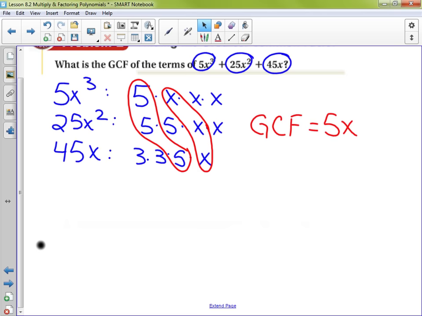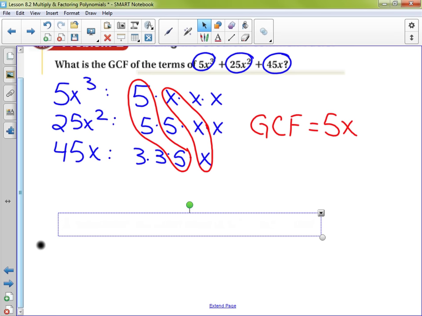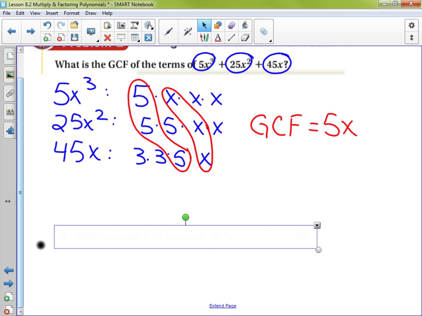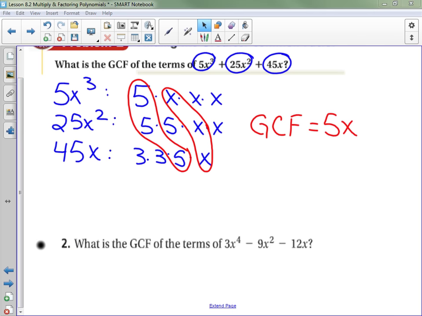And once again, take this opportunity and try this problem on your own. So hit pause and then try it, and hit resume when you're ready.